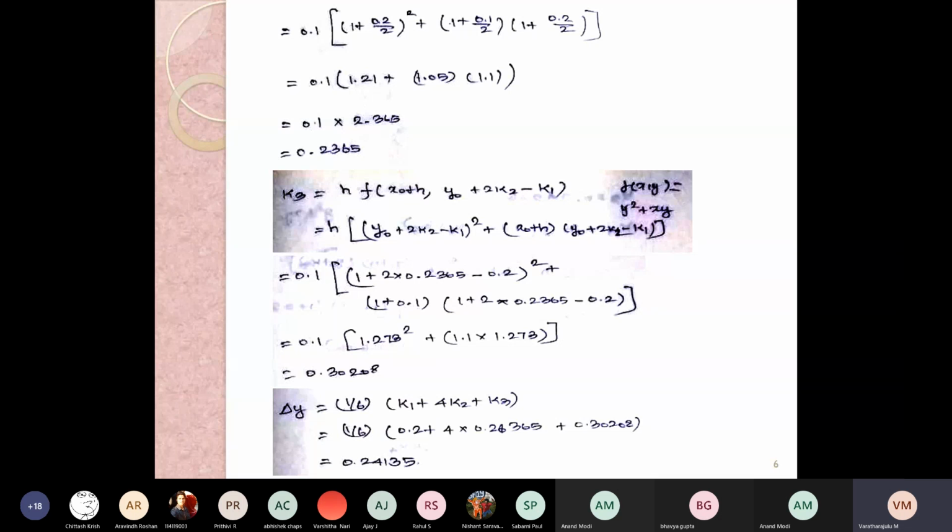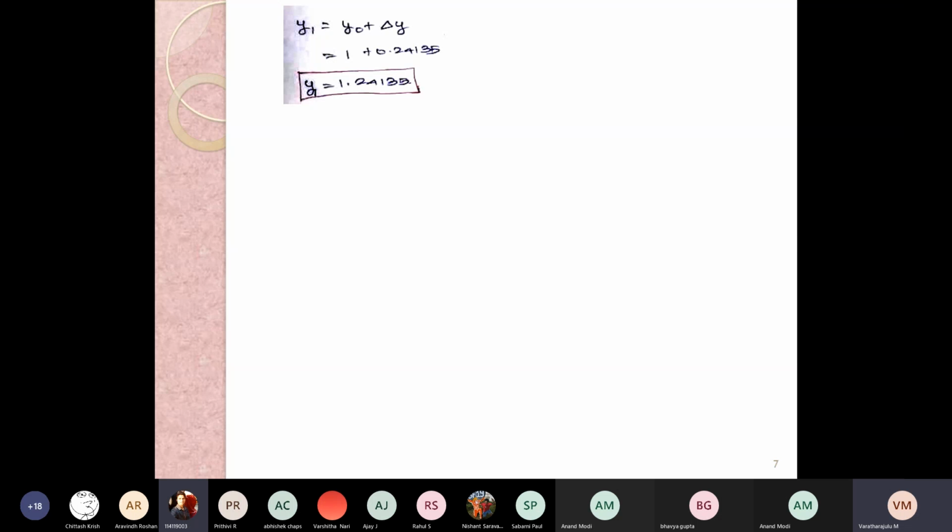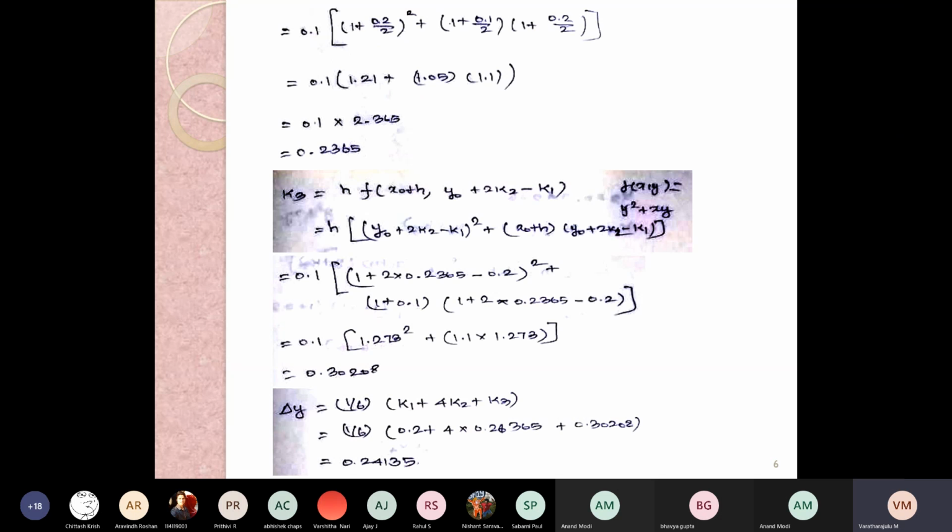Therefore our y1 is equal to y0 plus delta y, which gives 1.24135. Can you go back one? Yes, please, Anand Modi. Make a note.